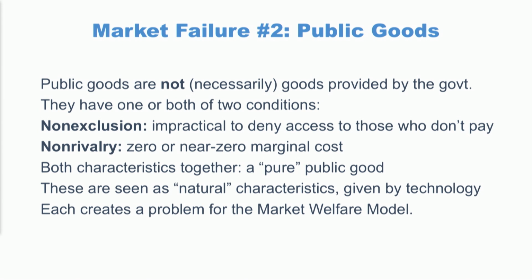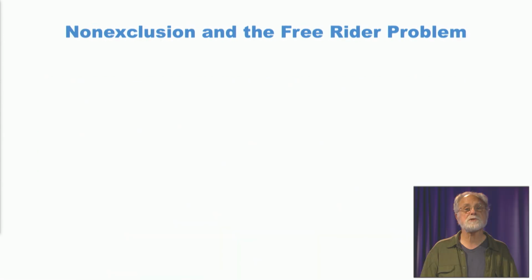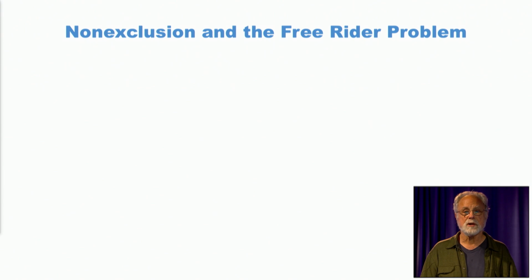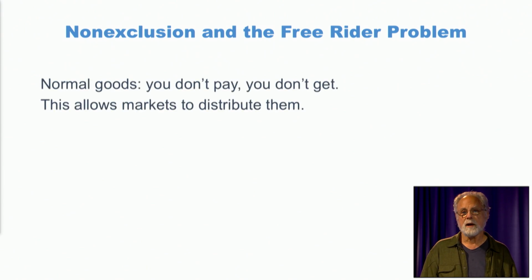You can't prevent, according to most economists, a public good situation. All you can do is try to remedy it with the proper policy. So let's look at the first of these principles, non-exclusion. Non-exclusion matters because in most goods, if you don't pay for it, you don't get it.